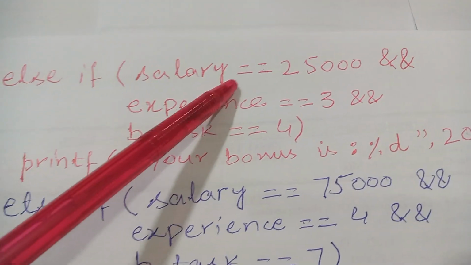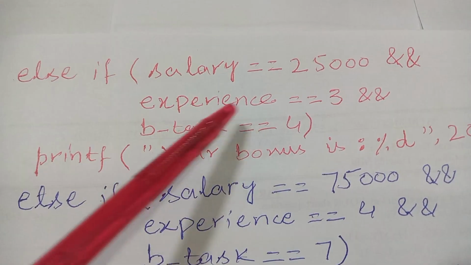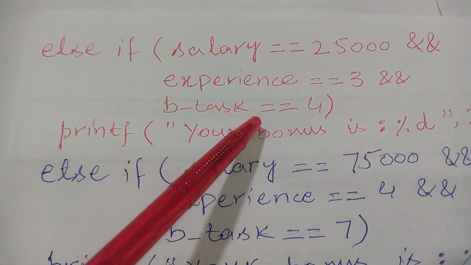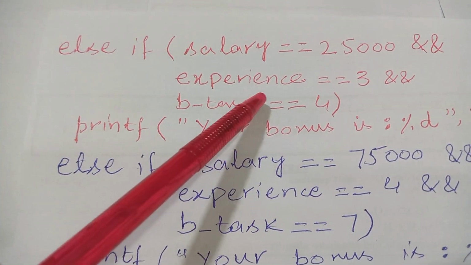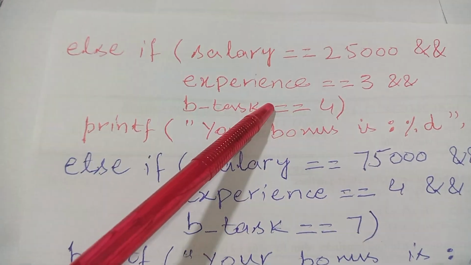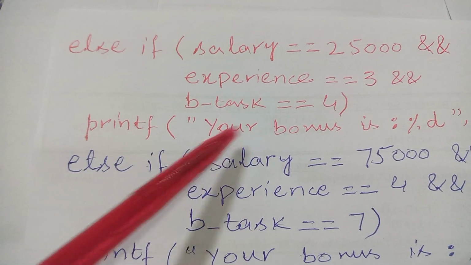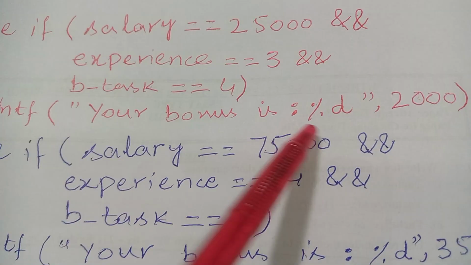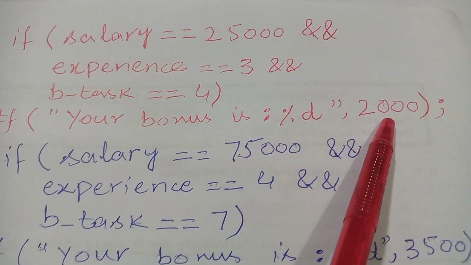Else if salary equal to 25,000, experience equals 3, bonus task equal to 4. If all these sub expressions are satisfied, then this statement will be executed: your bonus is 2,000.